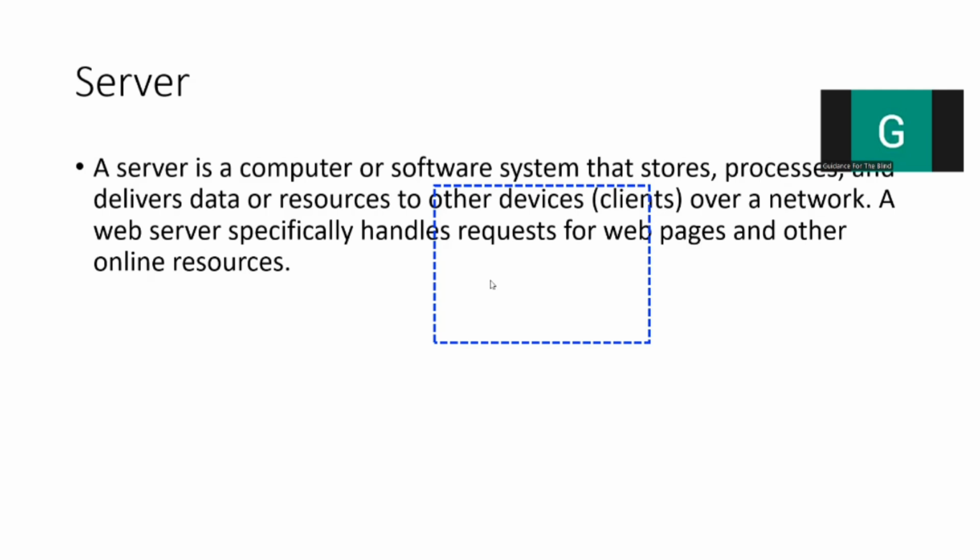It could be in cloud storage or stuff like that, but servers basically store all the data on the internet. Then the data is fetched from the server and given to the user who is asking for it. So it basically delivers data to other devices, which is basically delivering data to the user.